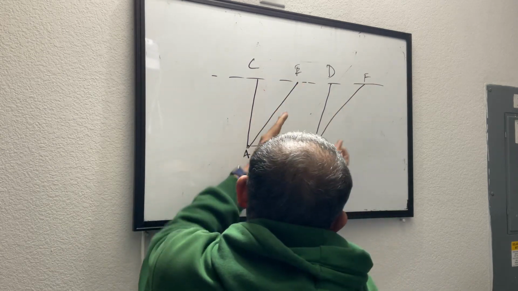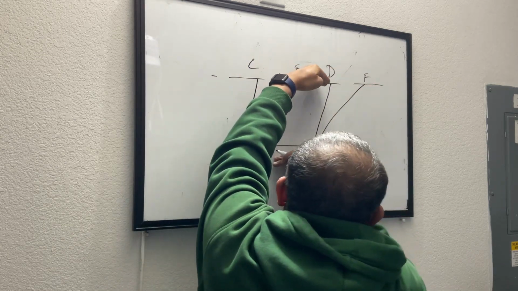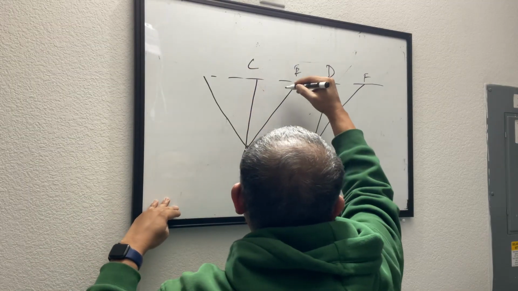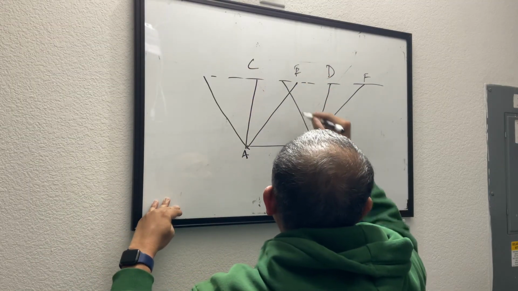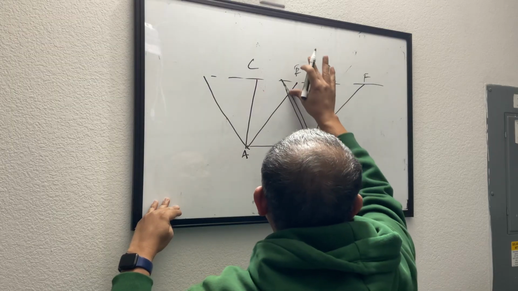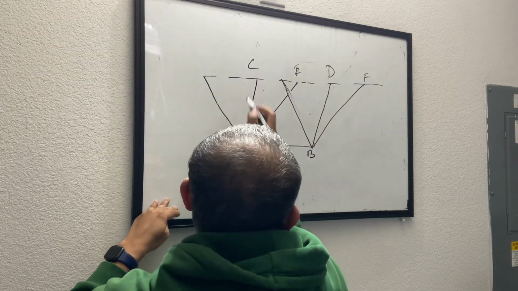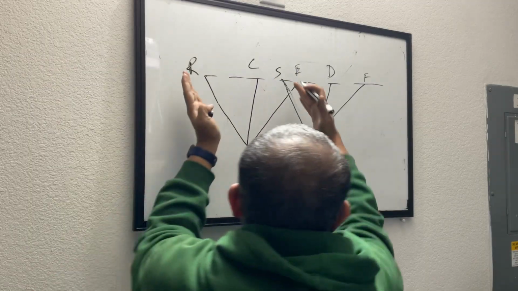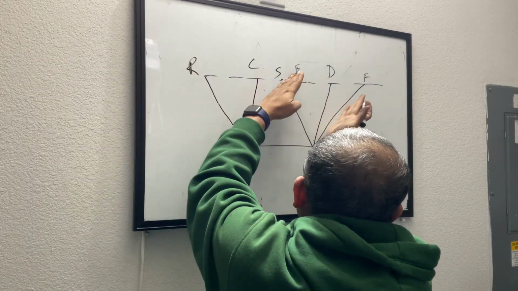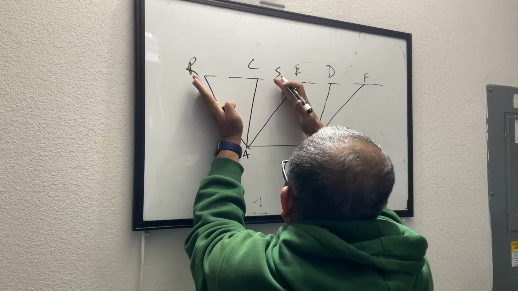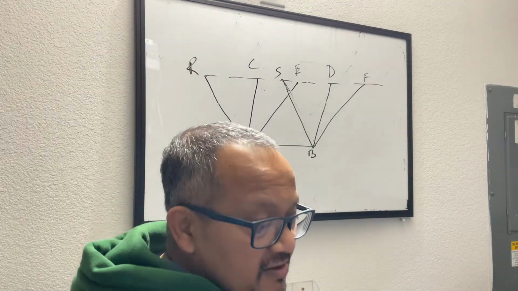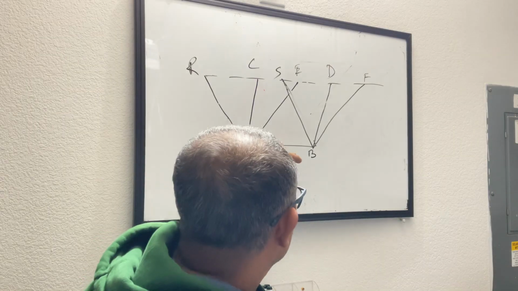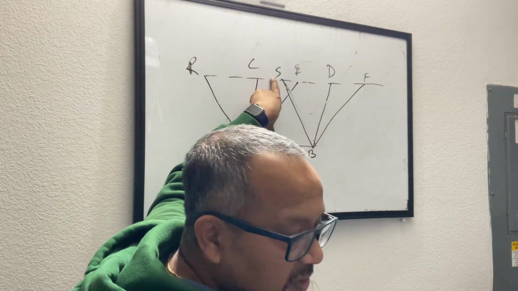My base is the same, perpendicular distance is also the same, versus RS versus this. Look at these three parallelograms. This one, this one, this one. They all have the same area because your base is the same and the perpendicular distance between the two parallel lines is the same.